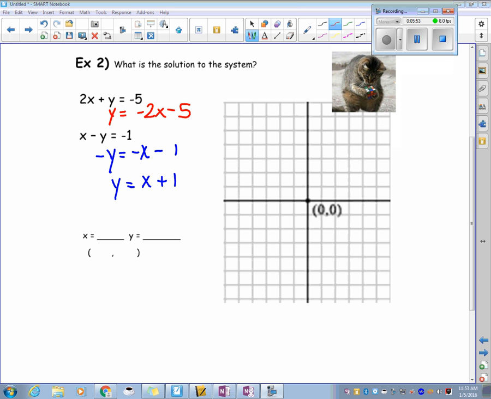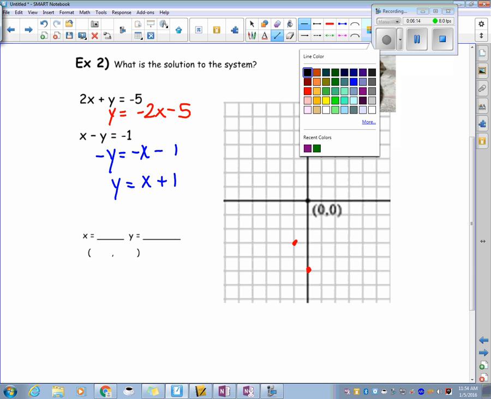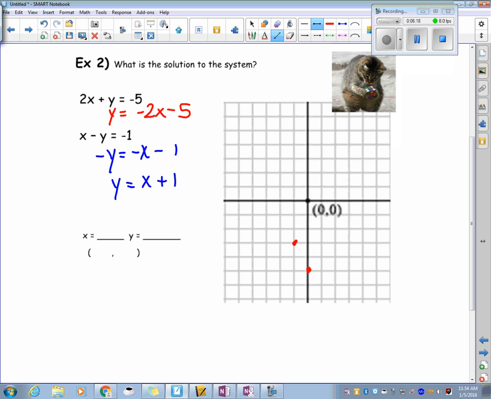So let's do the red one first. Negative 2x minus 5, so the intercept is negative 5. And the slope is negative 2, up to the left 1. So my line for this one, let's see if I can make it red. It's going to be here.